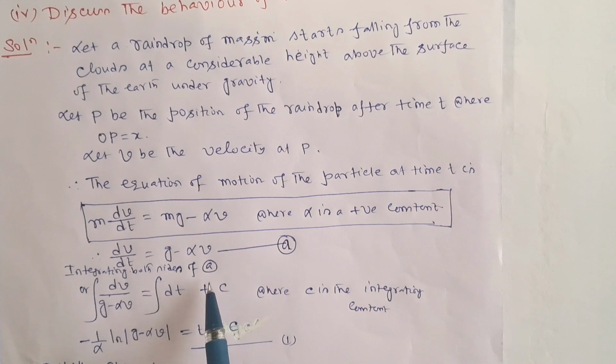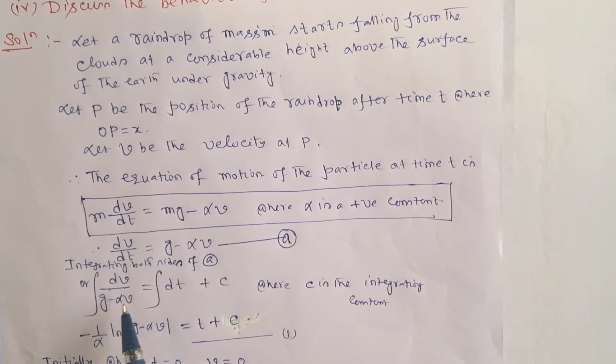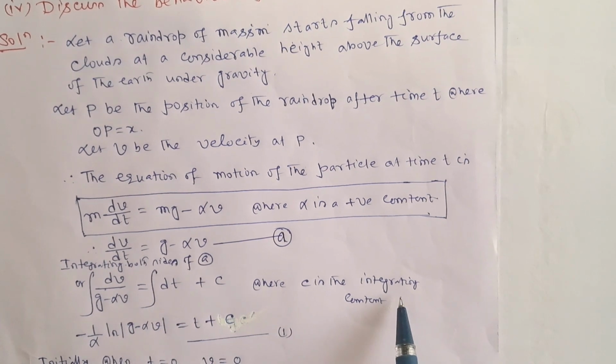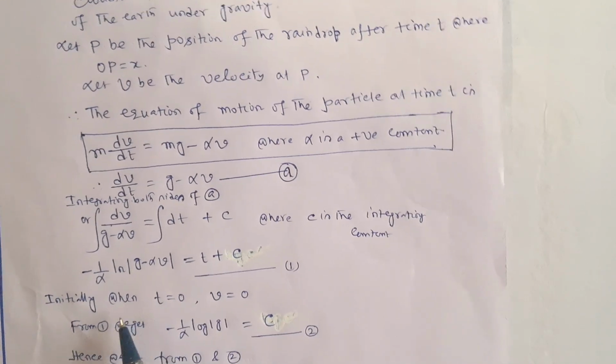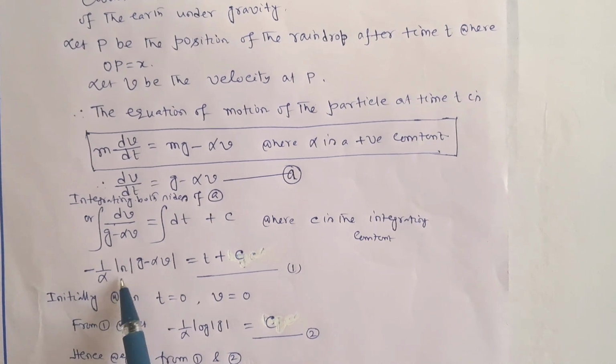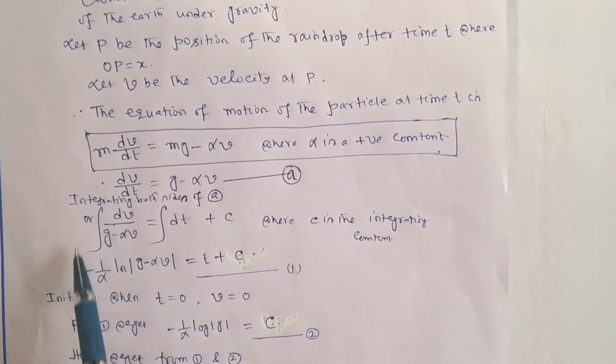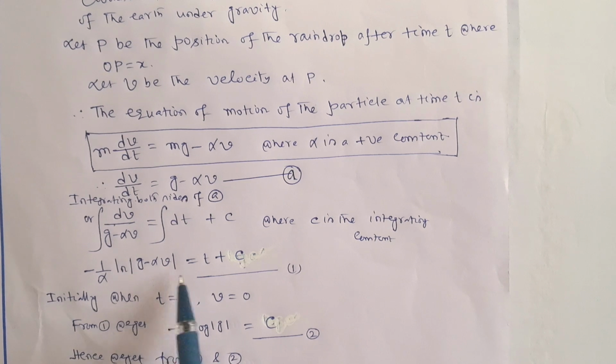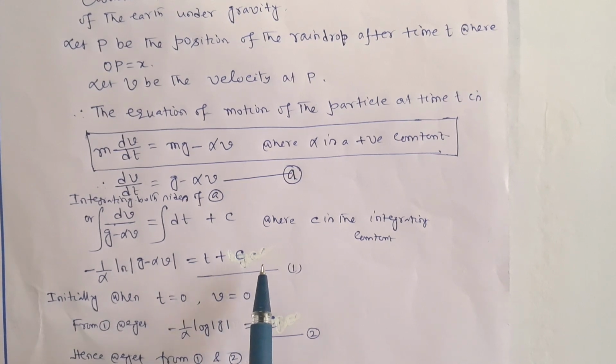Integrating both sides, we get the integral of dv/(g minus alpha v) equals the integral of dt, where c is the integrating constant, so minus 1/alpha ln(g minus alpha v) equals t plus c.